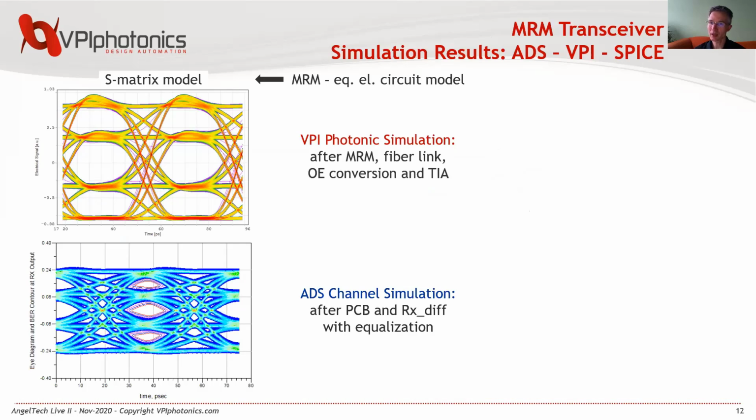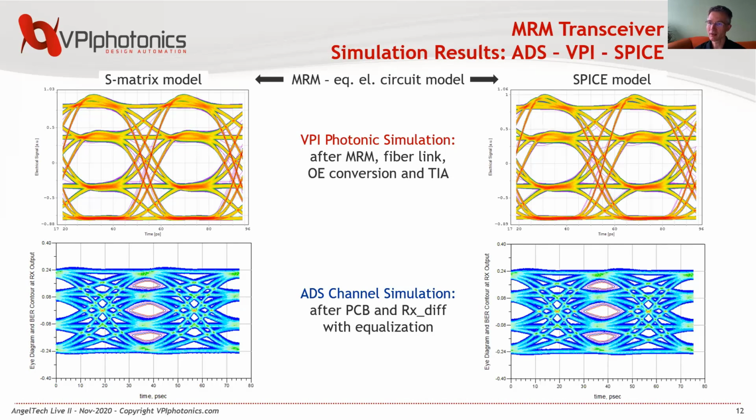So at the output, after the simulations, we see on the left-hand side the outputs when we linearize the equivalent circuit using S-matrix domain modeling. On the right-hand side, the nonlinear modeling of this equivalent circuit using a SPICE co-simulation. On the top, we have typical output eye diagrams of the optical link and the detection and transimpedance amplifier.